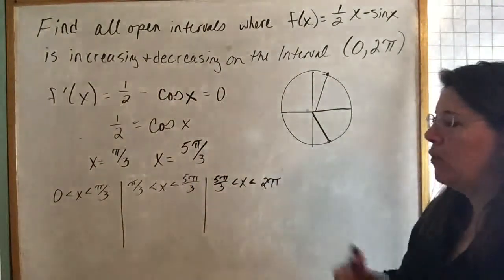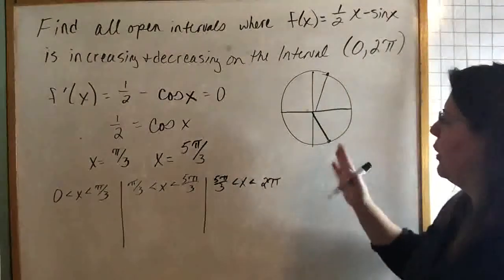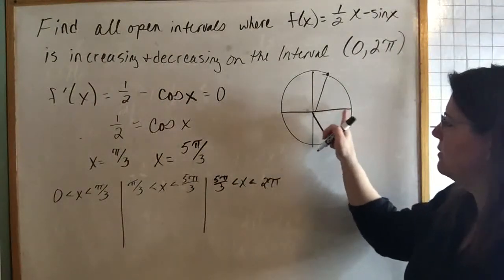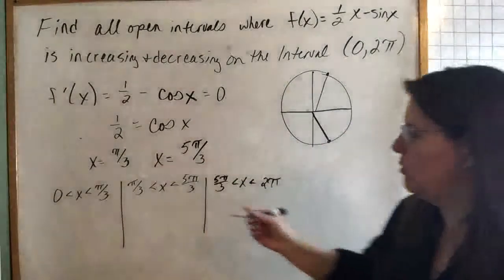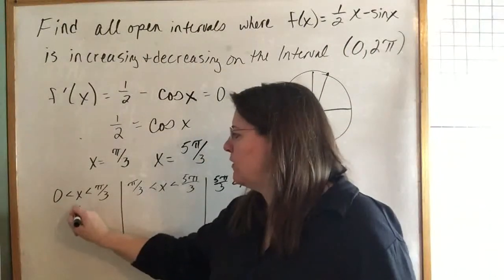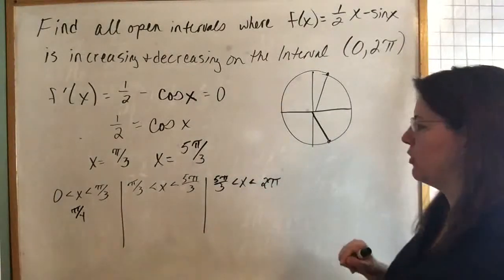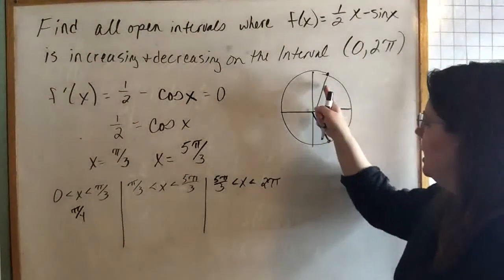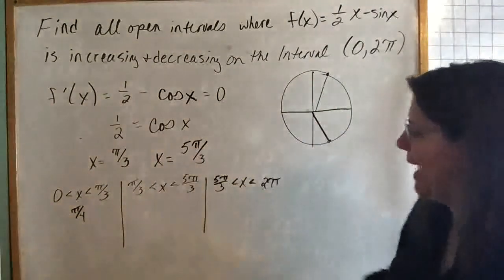I'm going to choose a value within each of these intervals. For a number between 0 and pi over 3, I think a good value to use would be pi over 4, which is 45 degrees. We're going to choose values that we can find easily on the unit circle. Something between pi over 3 and 5 pi over 3, I'll just say pi.